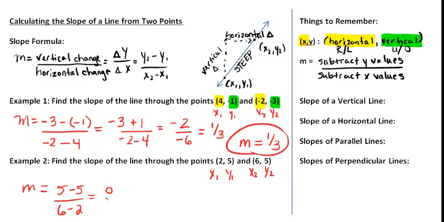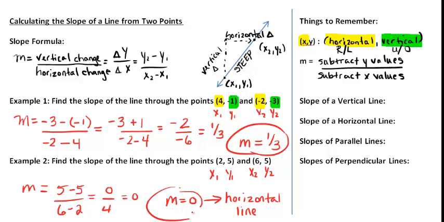I simplify this, and anytime I have 0 in the numerator divided by a number, it's always going to be 0. So 0 divided by 4 is 0. And whenever I have a slope of 0, I know that when I go to graph that line, it's going to be a perfectly horizontal line. All horizontal lines have a slope of 0.